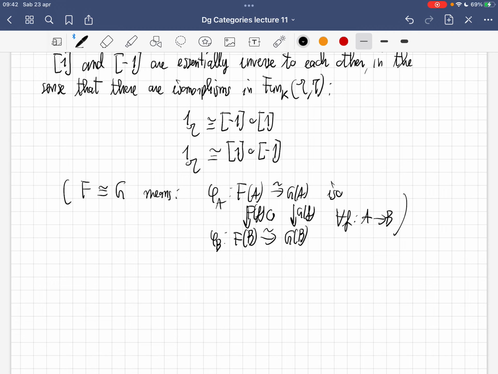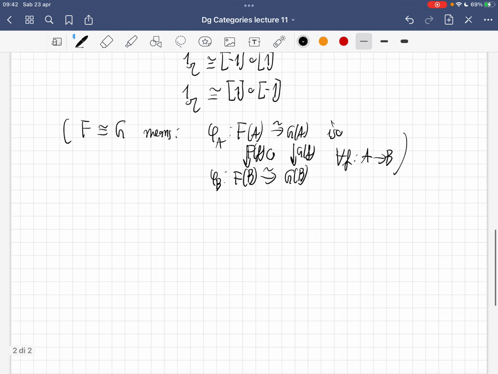And moreover, for n a positive integer, we have isomorphisms of this type.